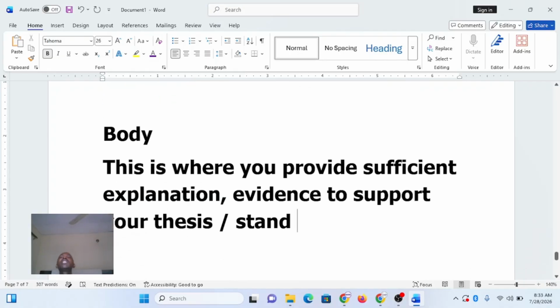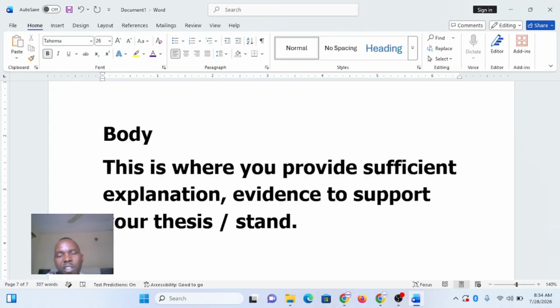So the body is for defense. In the body section, you are trying to defend what you have said in the introduction. That's the thesis. What is the thesis? I agree. So in the body, you are going to defend I agree. What is the thesis in I disagree? In the introduction, you said you disagree. In the body, you are going to defend that you disagree. So the body is actually to provide sufficient information, you know.